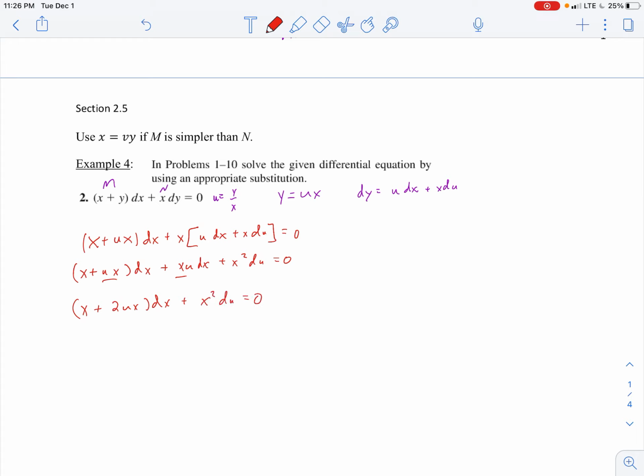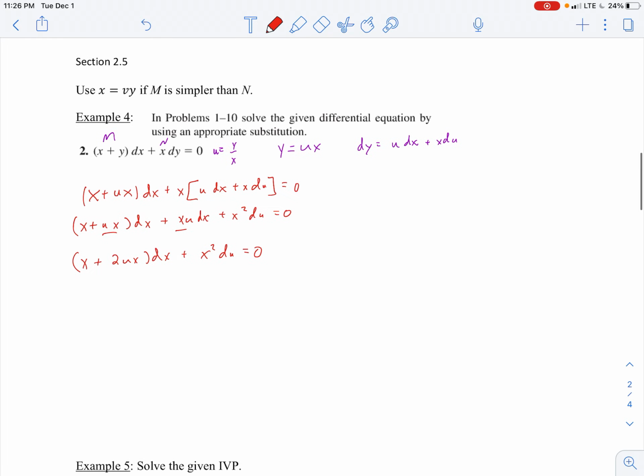Now, I could choose to make this a separable equation if I wanted to. We're still going to do that, but what I'm going to do is get all my u's together and all my x's together. So on this left-hand side, what I notice is I can pull out an x and just get 1 plus 2u dx, and then plus on the right-hand side, x squared du equals 0. All right, now I'm going to divide everything by x squared.